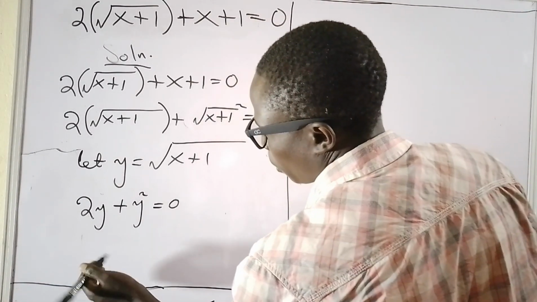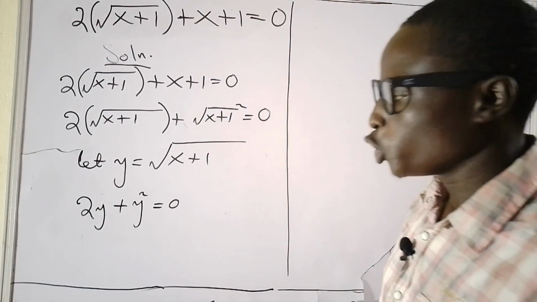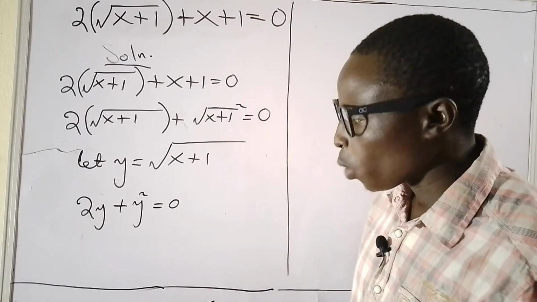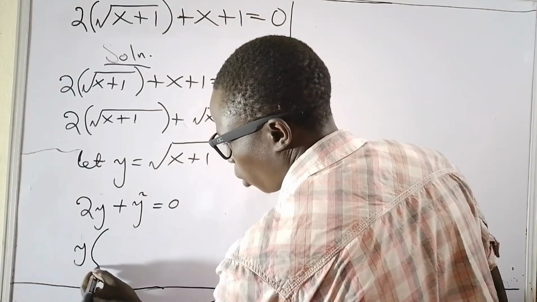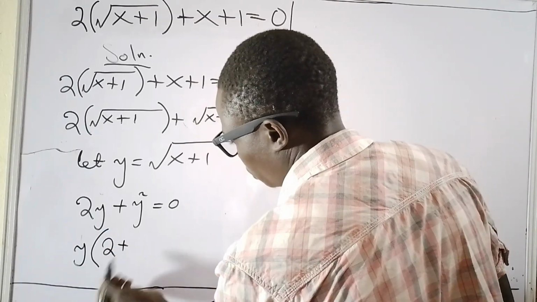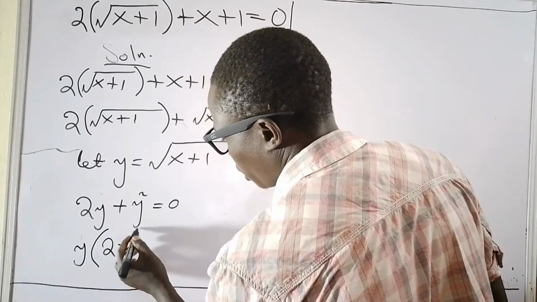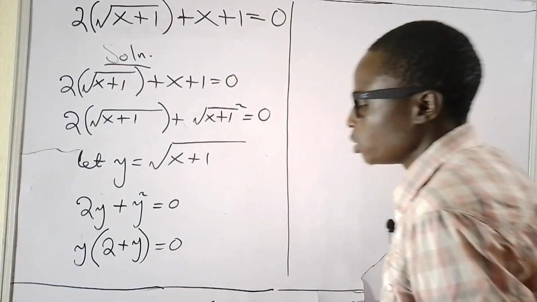So now I have something in common, which is y. So I can now factor y out, open the bracket. I can put 2 plus y, because y times y is y squared. This is equal to 0.